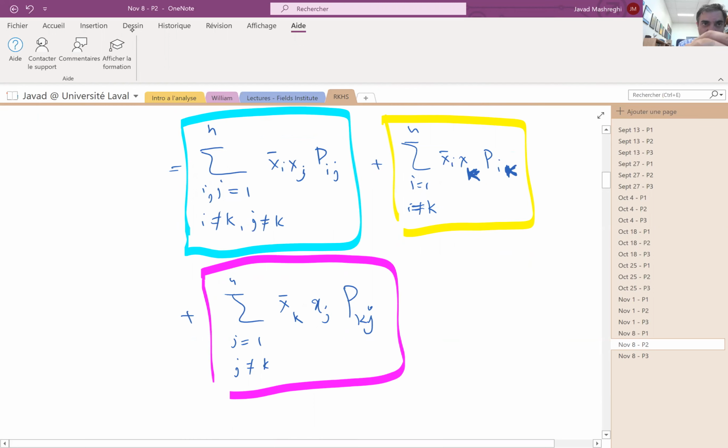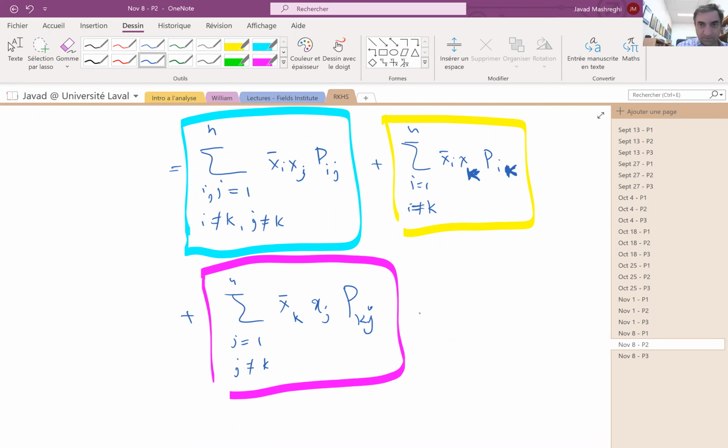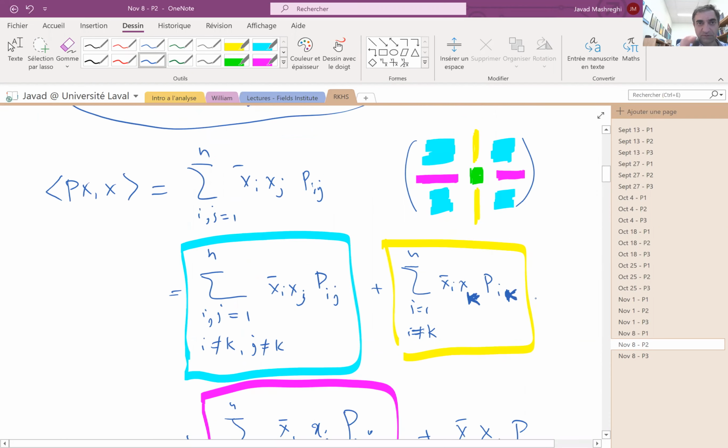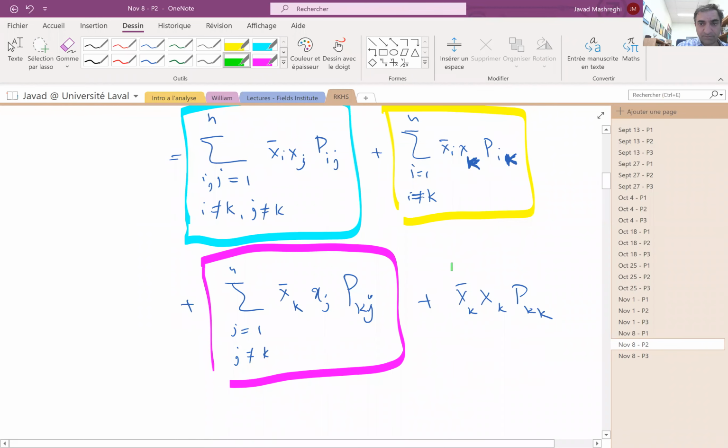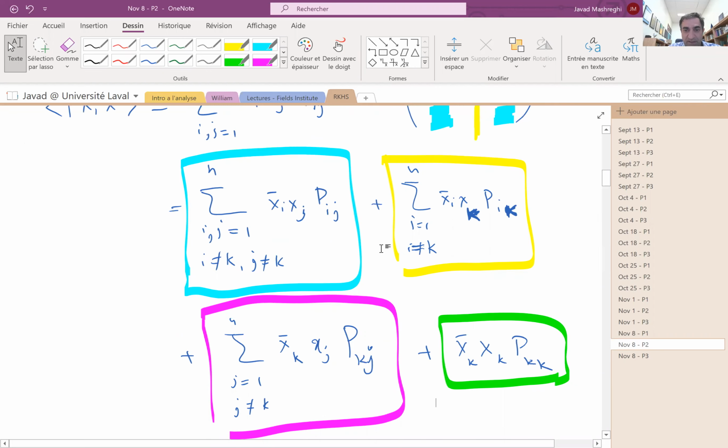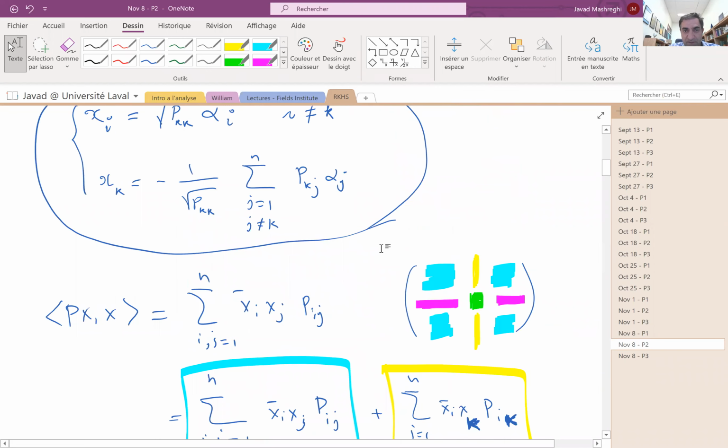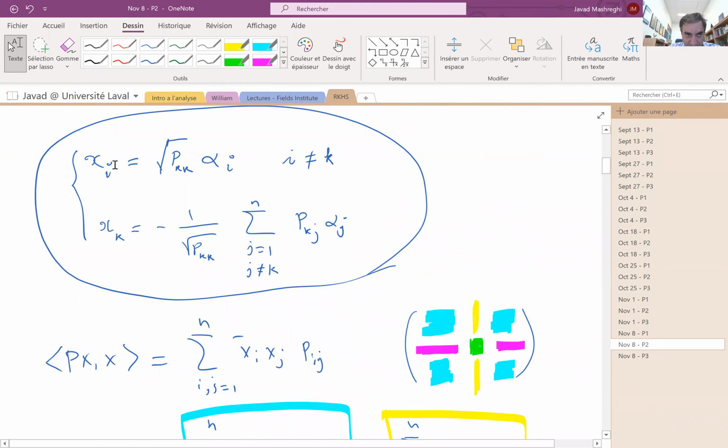And finally, just 1 point, plus xk bar xk pkk. It's just 1 point. So that's the way we divide our sum into 4 sums. Now we know what is xi and xj in each case. And that is the reason we do this, because the formula for xi is different when i is equal to k.